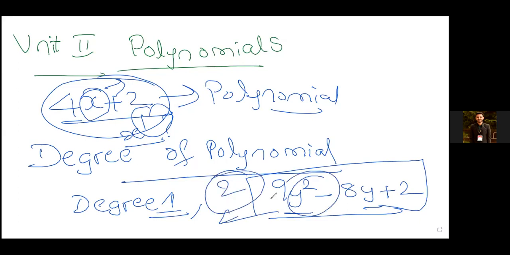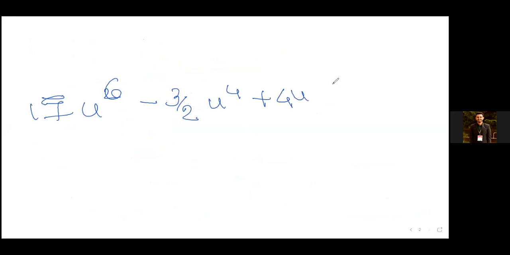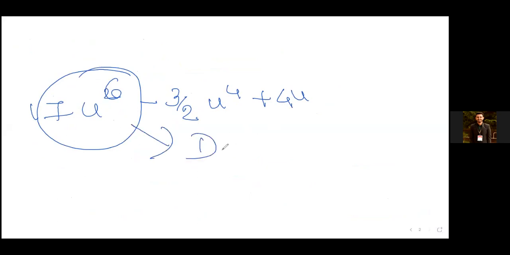Similarly, we have some more terms like 17u to the power 6 minus 3 by 2 u to the power 4 plus 4u. Then what is the degree? It is the highest power of u, that is 6. Degree of this is 6.